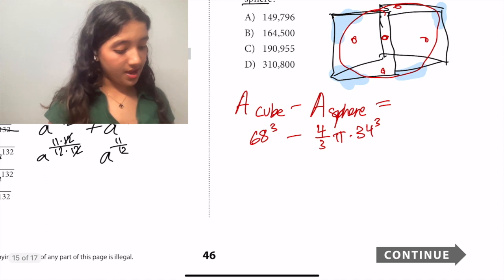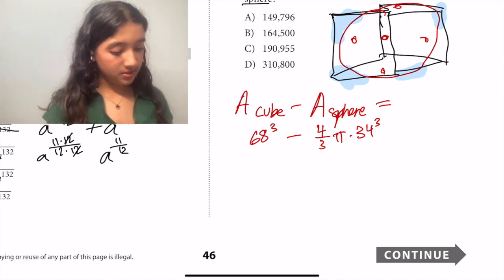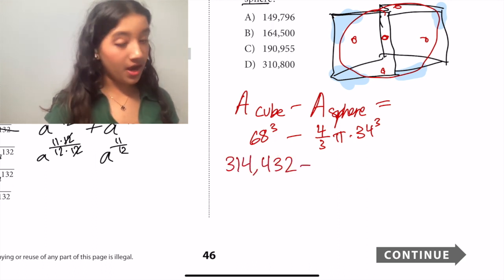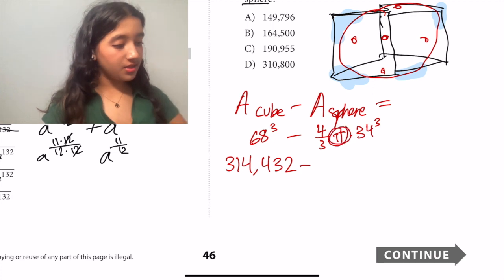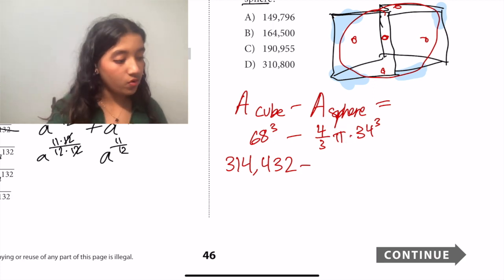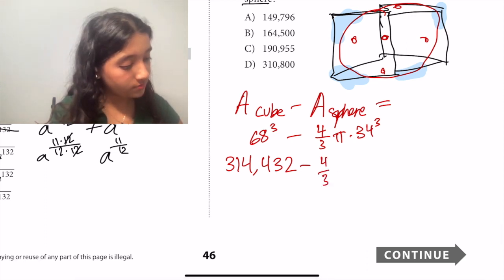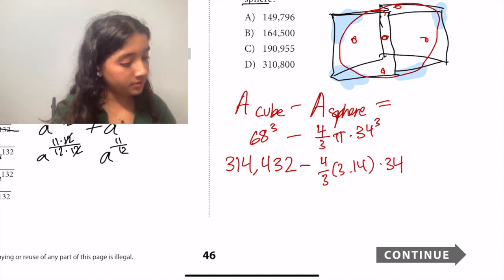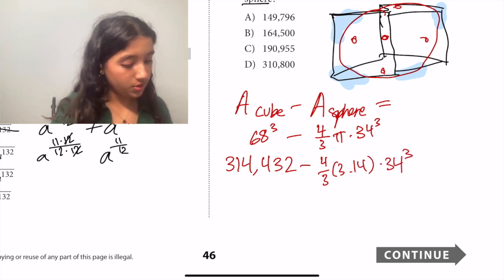So we have that 68 cubed is equal to 314,432 minus, and we can estimate in this case that pi is, you could put 3.14 if you want, you could also put 3. In this case, we'll just do 3.14 to make sure we're more precise. So plugging this into your calculator, you get 4/3 times 3.14 times 34 cubed.